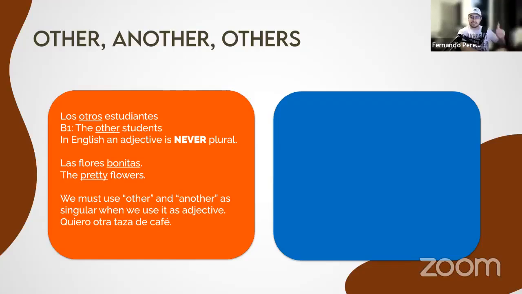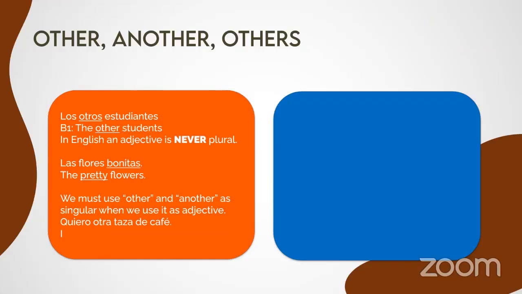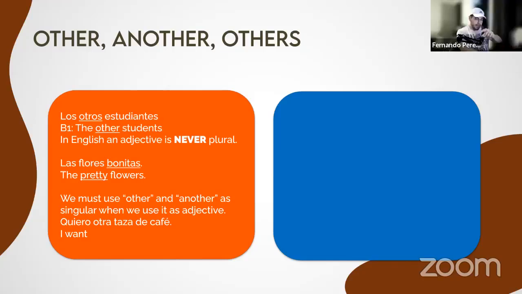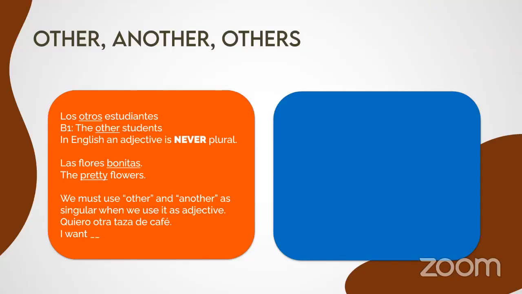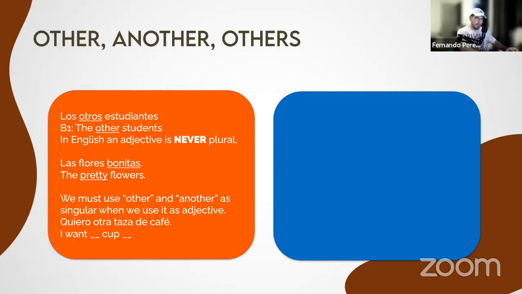How do you say that in English, Elena? I want two other cup of coffee. Eliminate two. I want other coffee cup. Oh, you need a connector.